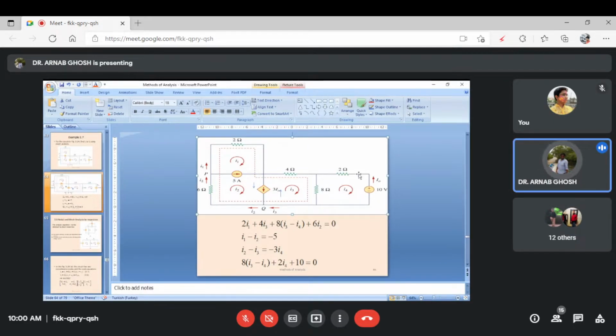Now look at this mesh. Here I4 is flowing in this direction. So your I4 is in the reverse direction of that of I0. So I4 will be equal to minus I0, or I0 will be equal to minus I4.